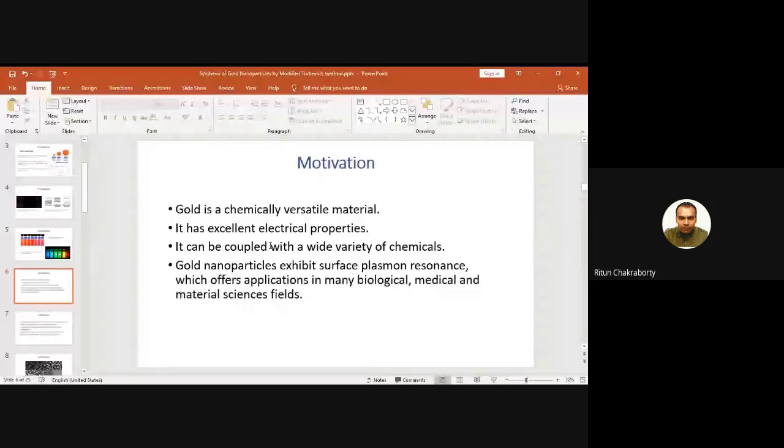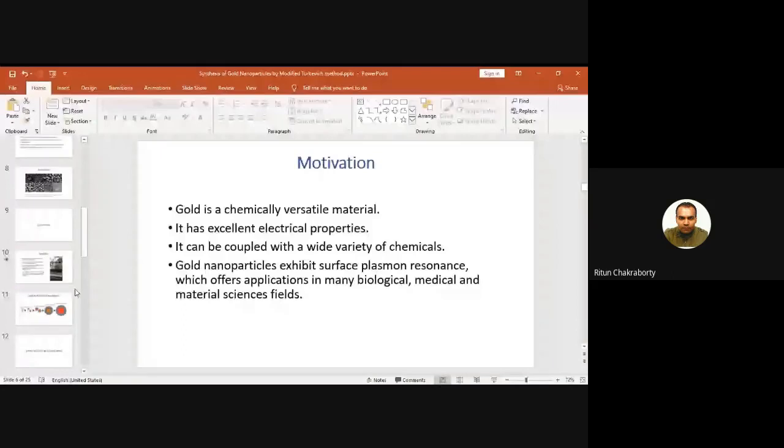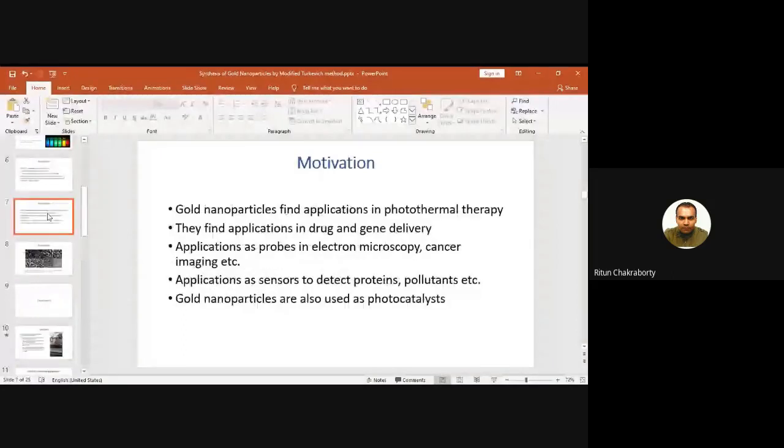Then another, gold nanoparticles exhibit surface plasmon resonance, which offers applications in various fields like biological field, medical field, and material science related fields. So these are some of the reasons, and also some applications of gold nanoparticles. So gold nanoparticles find application in something called photothermal therapy. These things are discussed in your thesis introduction, I think.